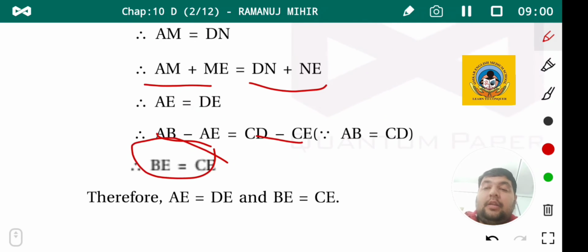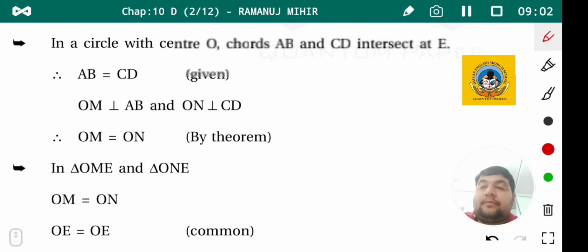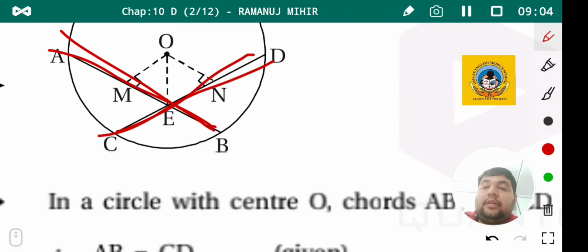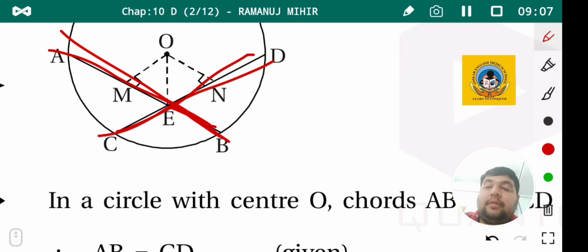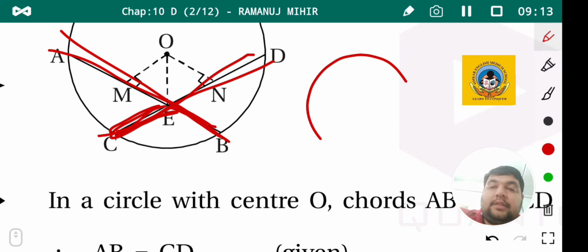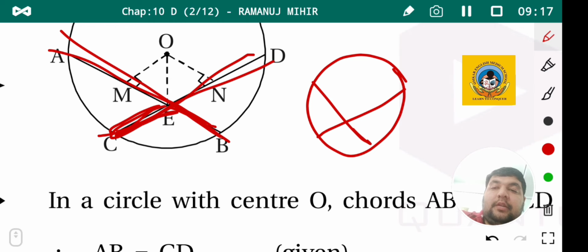Okay, it means I want to say that EB is equal to EC. If we have one chord and a second chord, and they are equal, then this part and this part are equal. That we have to prove.